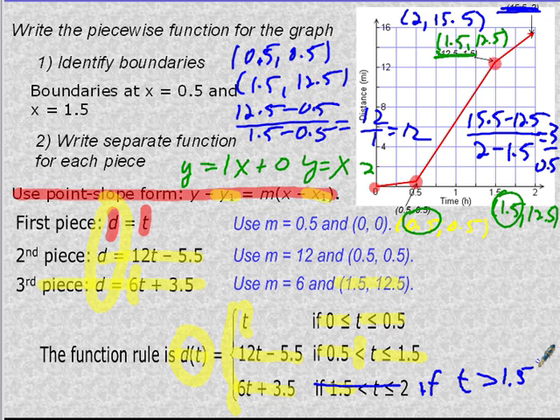And that would be your equation. So it's basically writing 3 different equations, and then you just have to add in your domains where each piece is valid. And it's a lot of work, I understand that. But every step is something that we've done multiple times, so hopefully it won't be too challenging.